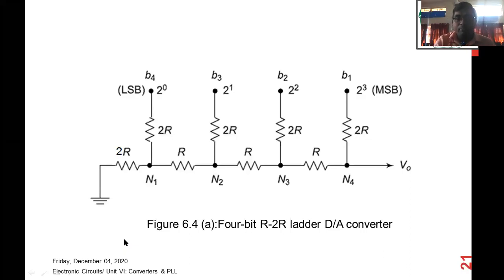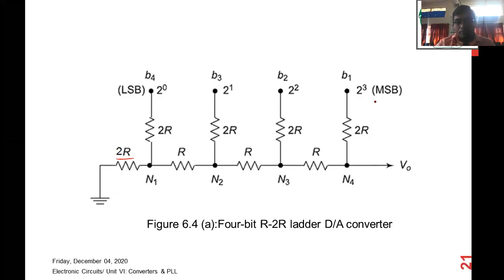This is not a final diagram, but the initial phase of the design. If you see here, we have taken 4 bits from B1 to B4, and one terminating resistor, that is 2R, is shown. Please note down this diagram.